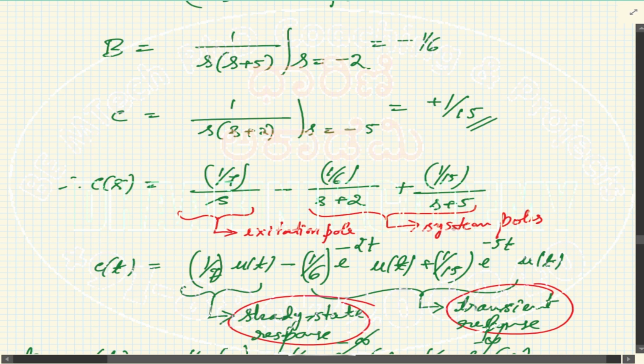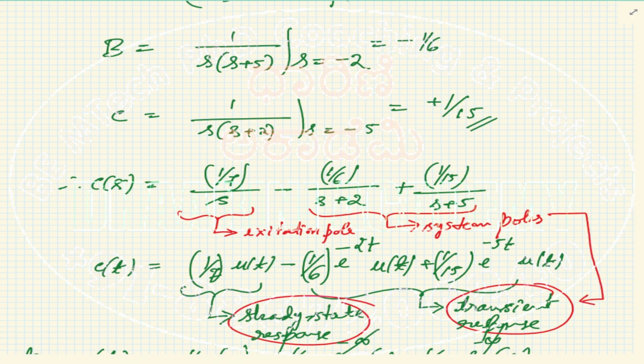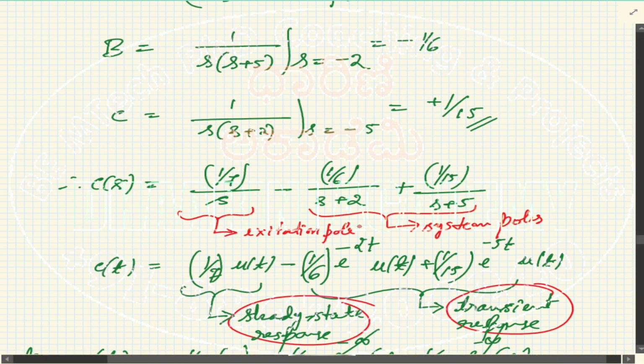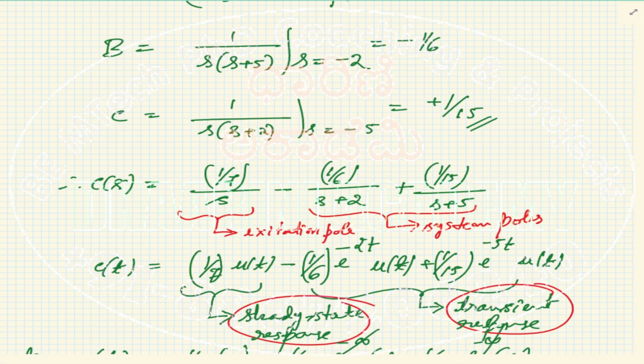The output that results from the system poles is what is called the transient. And there is another part of the output that is because of the input we give. The input has a pole called the excitation pole.